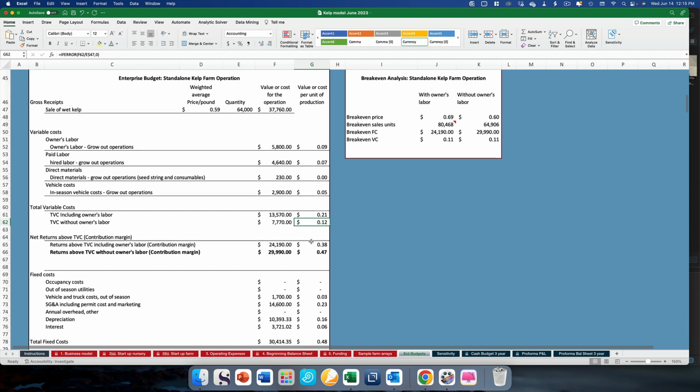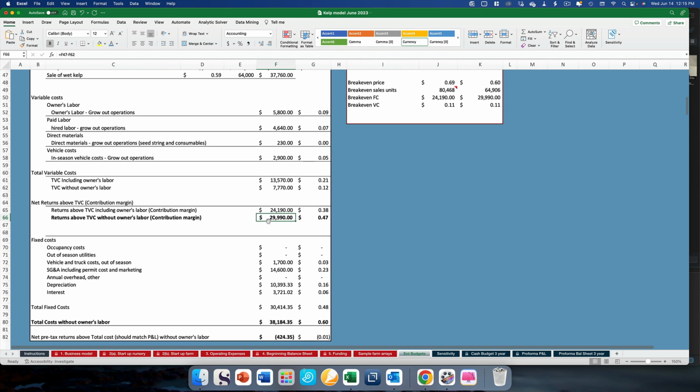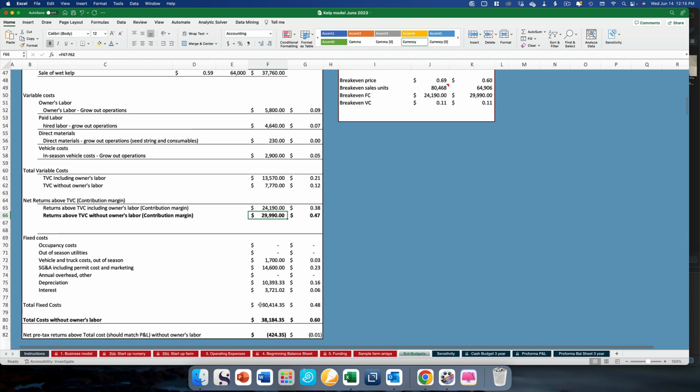And so subtracting the variable costs from the revenue, that gives you this contribution margin with and without owner's labor included. Okay, so we have $29,000 in contribution to contribute to overhead, but our total fixed costs are $30,000 the way that we've got this thing set up now, so we're not breaking even.